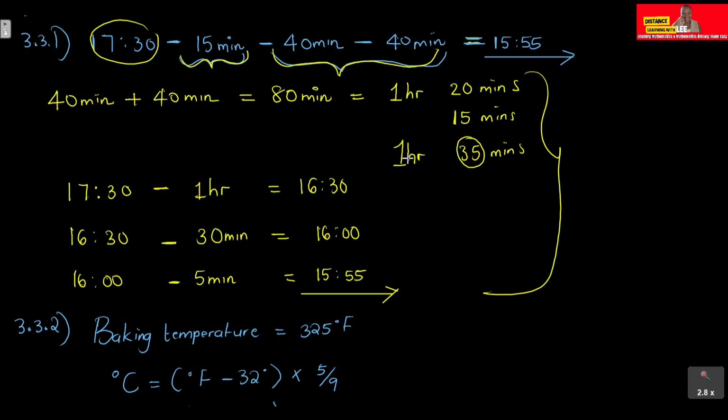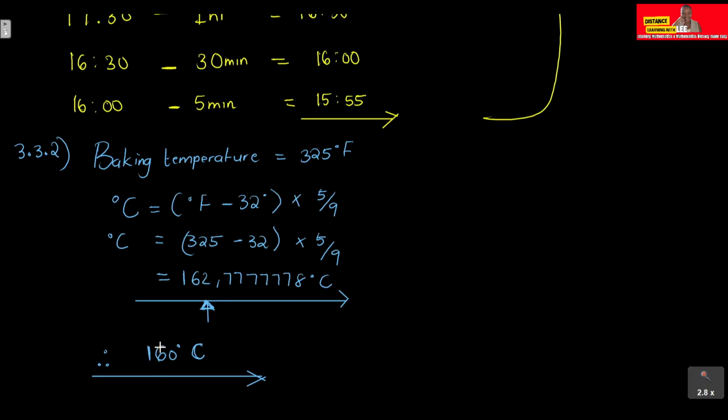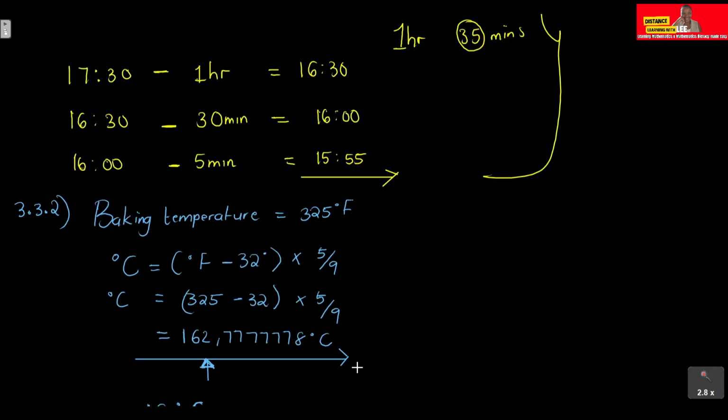And also a very important thing, rounding off to the nearest 10 degrees: you look at this 2, which tells us whether to round up or round down. Because this 6 is not supposed to change, we round it down to 160 degrees Celsius.